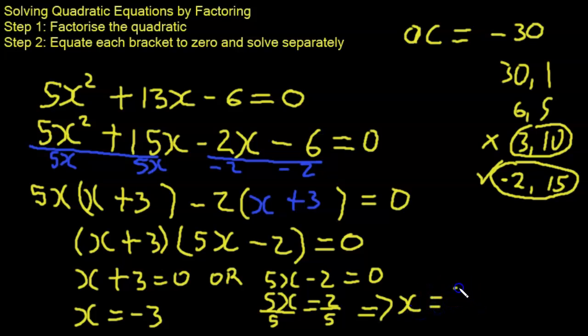You can leave it as just 2 over 5, or, I guess you could rewrite it as 0.4. That's 4 over 10, so that's 0.4. So our solutions, x equal minus 3, x equal 0.4. And it doesn't matter which order you write the solutions in, as long as you have those two values. And again, you can always substitute just to check if your answer is correct.